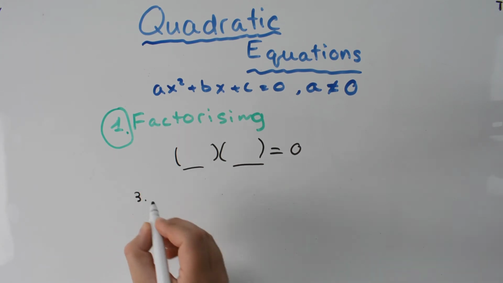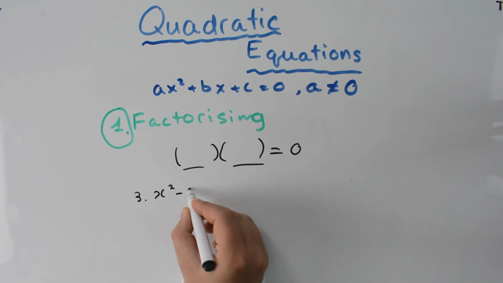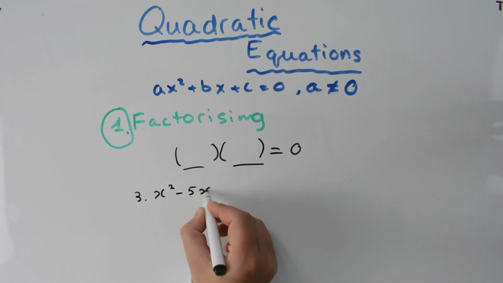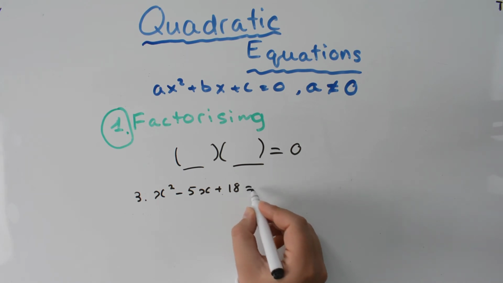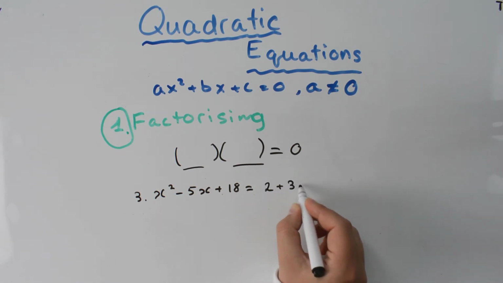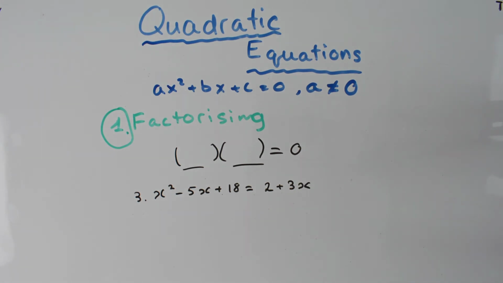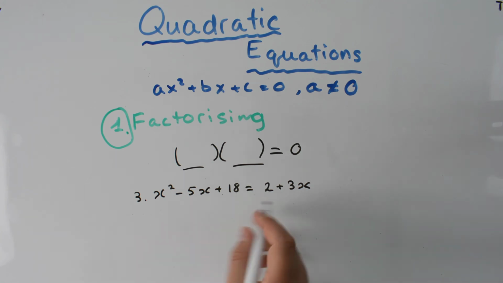Our final example, example number 3, is going to be x squared minus 5x plus 18 equals 2 plus 3x. As you can see, again, this equation is not in standard form, so you want to put everything on the left hand side and then combine it, so we have exactly the same form as above. So let's rewrite this.